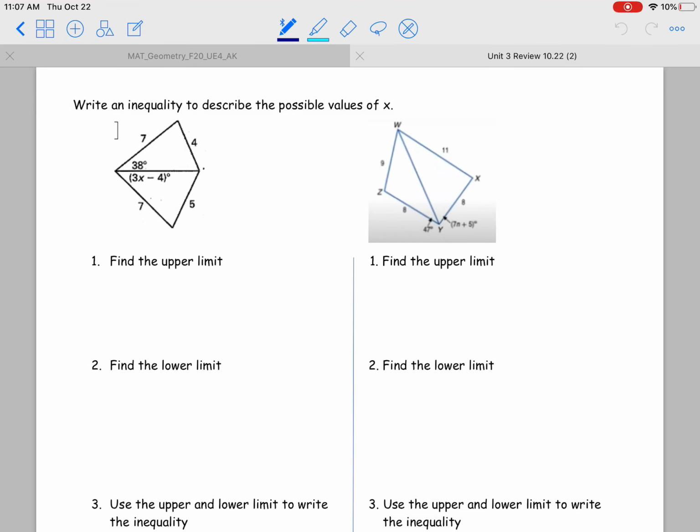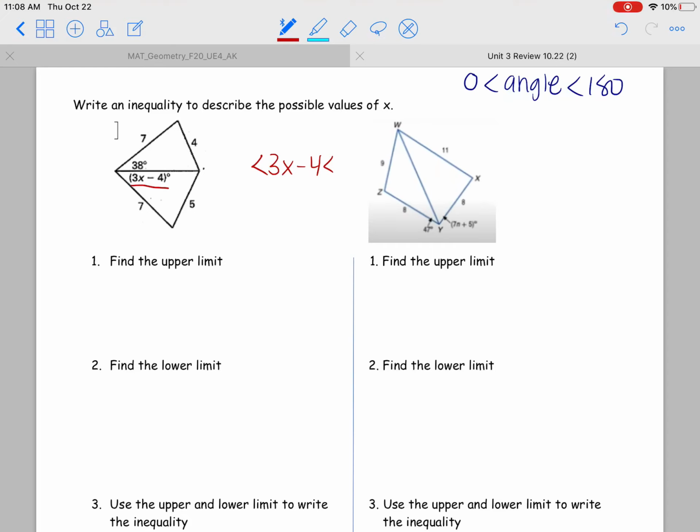Let's look at this one right now. We have to find here the possible values of x. So once again, we have to recall that any angle inside a triangle has to be greater than 0 and less than 180. So the angle with the expression is 3x minus 4. So we put 3x minus 4 in my compound inequality, right?